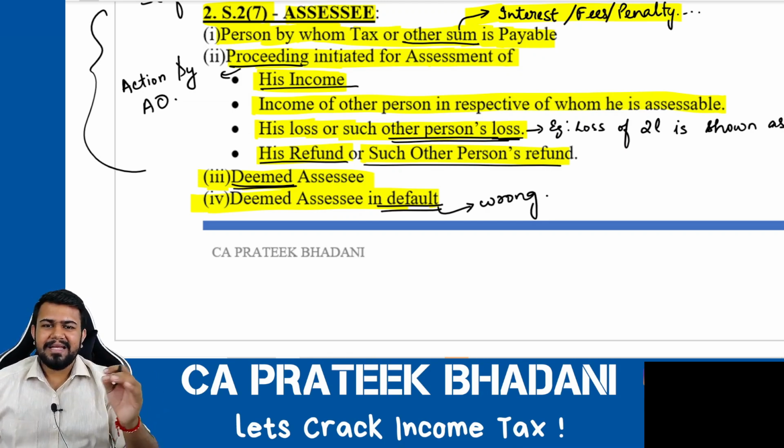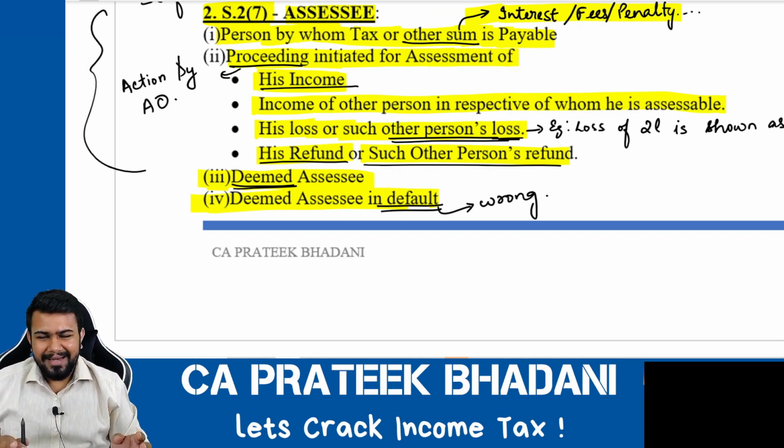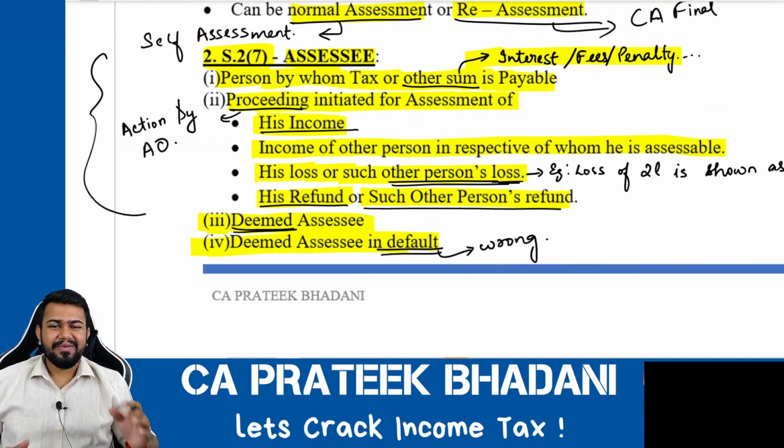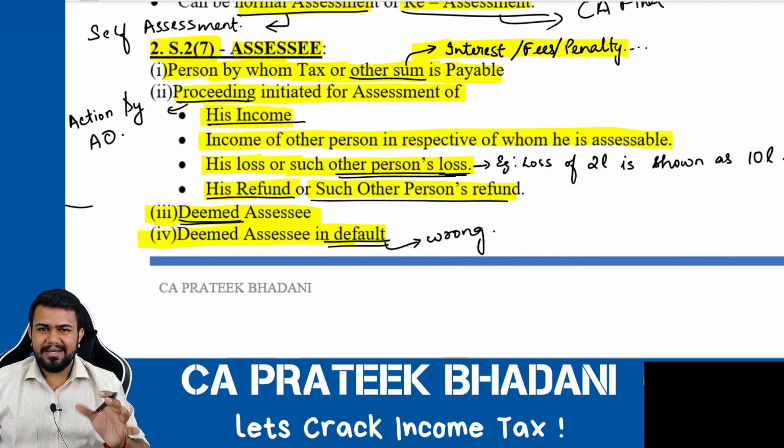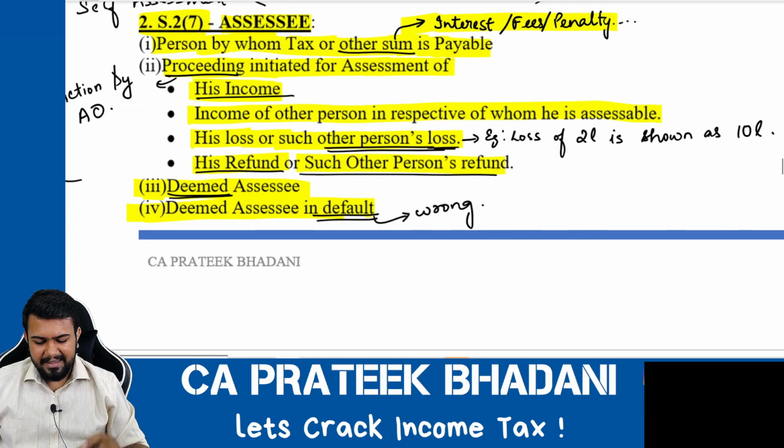If a person has done something wrong, and if the Income Tax Act is calling him an assessee in default, then automatically he will also be considered an assessee. You get my point? As and when we progress, you will get even more clarity on the concept. I hope you are able to understand it exactly right now also.